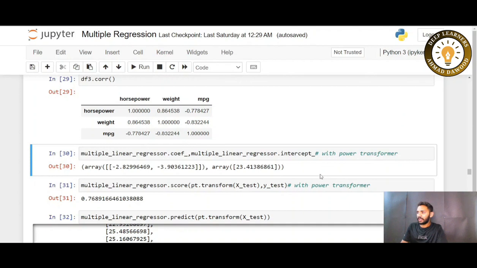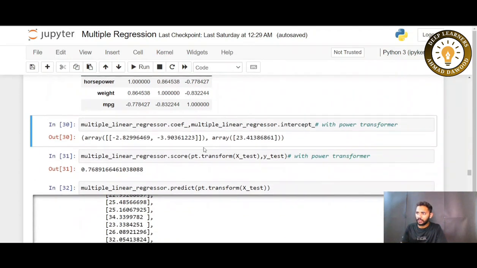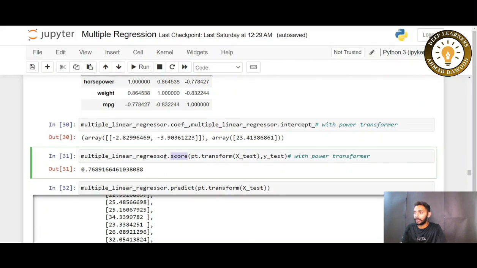Now, to calculate the score, what score the model has, I'm using the score function of linear regression provided by the linear regression class of scikit-learn. We have seen the score in the R square method, so here we are calculating the R square score of the model.